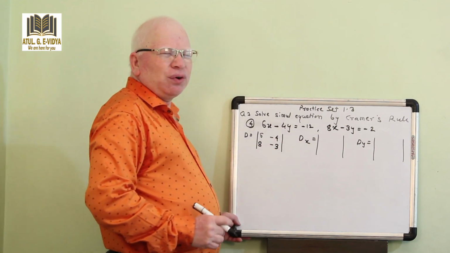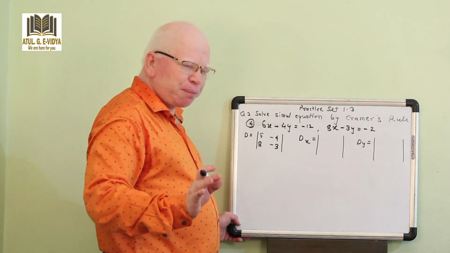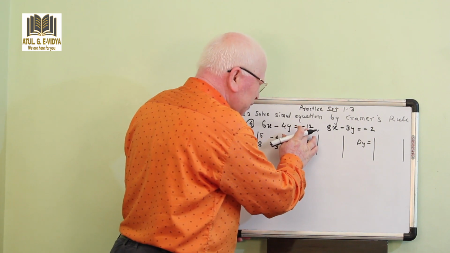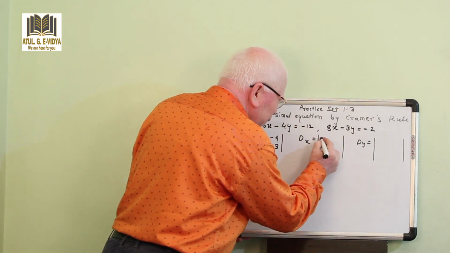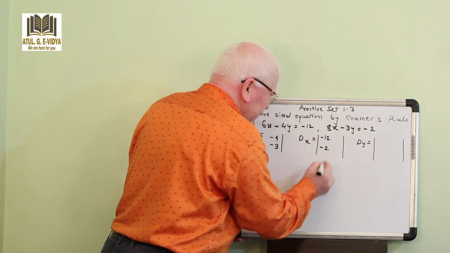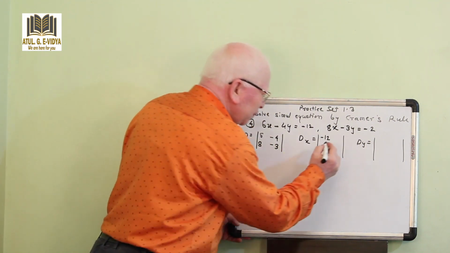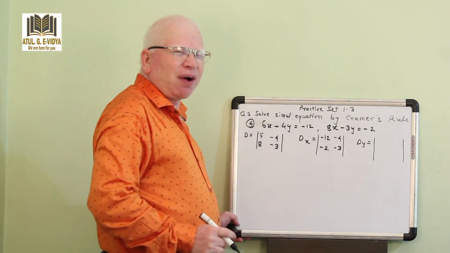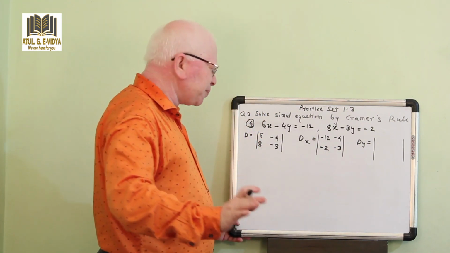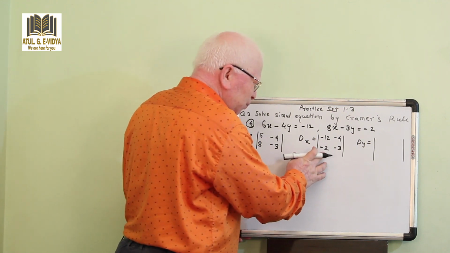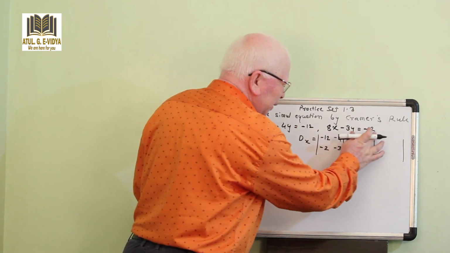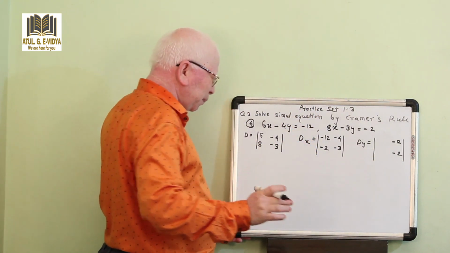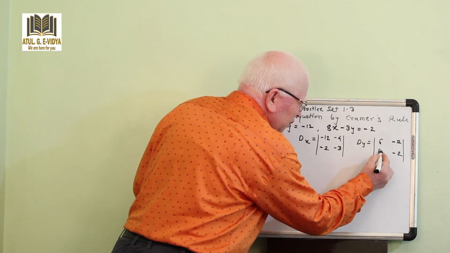Now x coefficients are absent in Dx, and instead of this we have to take this one, -12 and -2, and the y coefficients are same, -4, -3. In Dy, the y coefficients are absent, and instead we take -12 and -2, and the x coefficients are same.